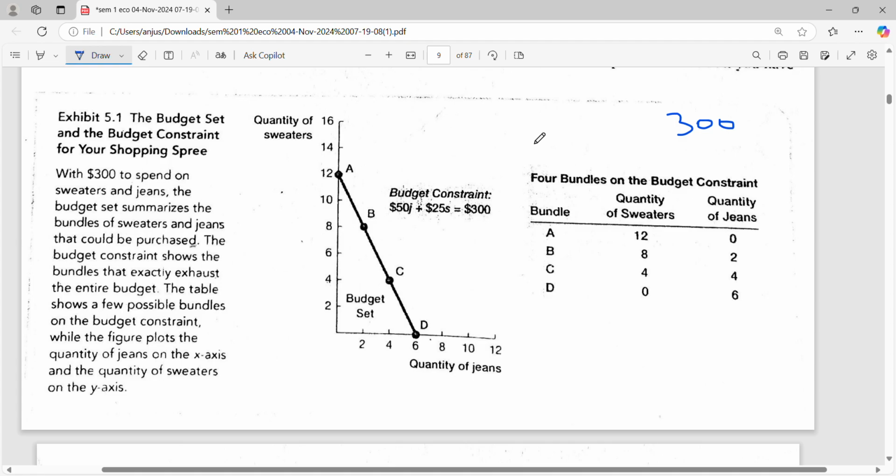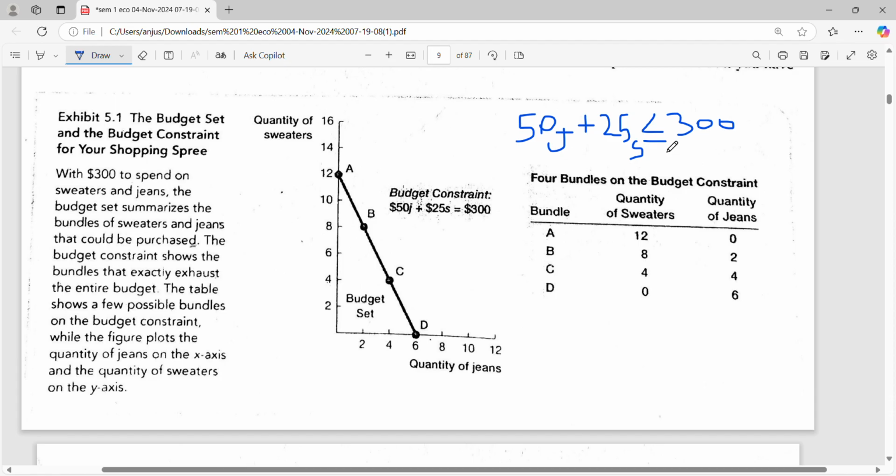Jeans cost 50 rupees, and let's say sweaters cost 25 rupees. You can buy any number of jeans and sweaters which will cost under or equal to 300 rupees.